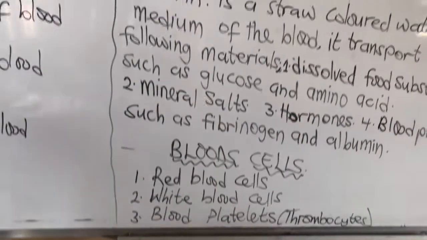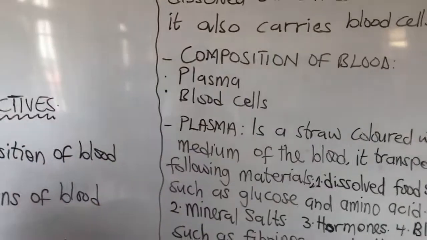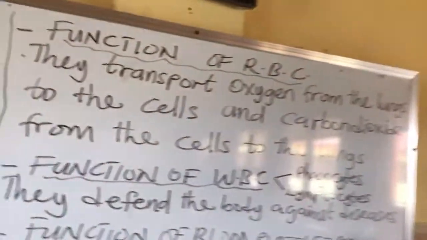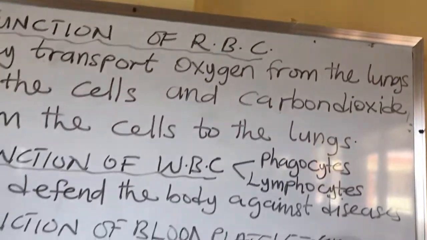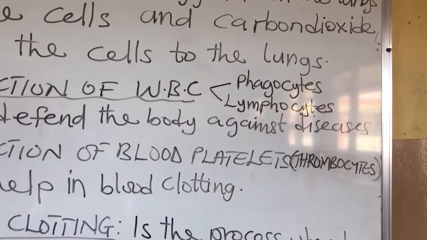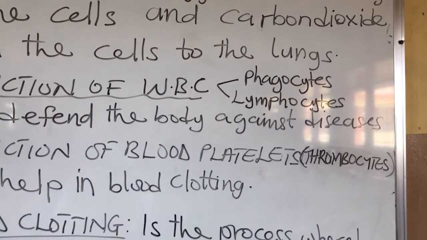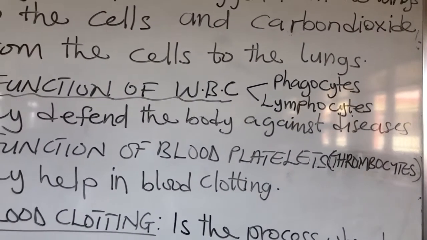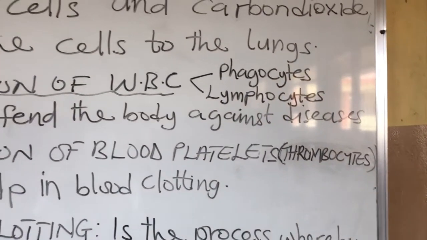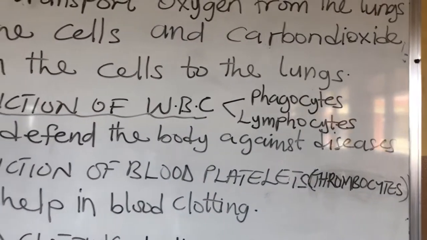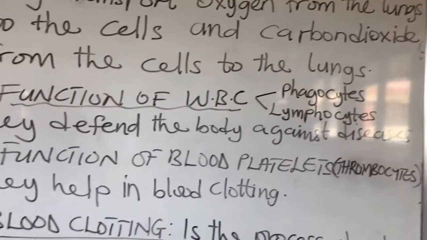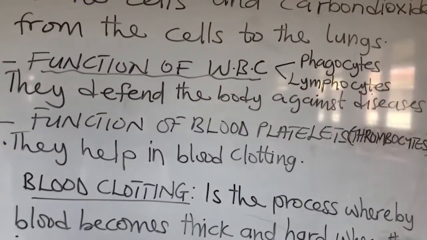We also saw that the white blood cells are made up of two components, the phagocyte and the lymphocyte. The lymphocyte produces antibodies which fight against diseases that attack the body, and the phagocyte also produces substances that attack and kill any bacteria that enter the blood.